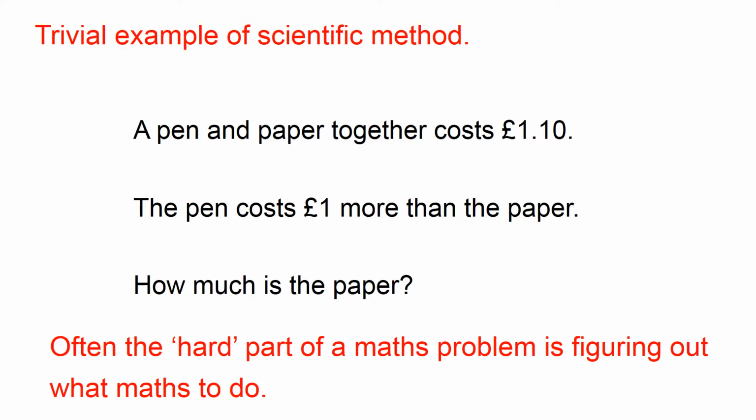And then, to get rid of that 2, I'm going to divide both sides by 2. So A is equal to 0.05 pounds. That tells me the paper is 5 pence, and I know that the difference between them is 1, so the pen is £1.05.